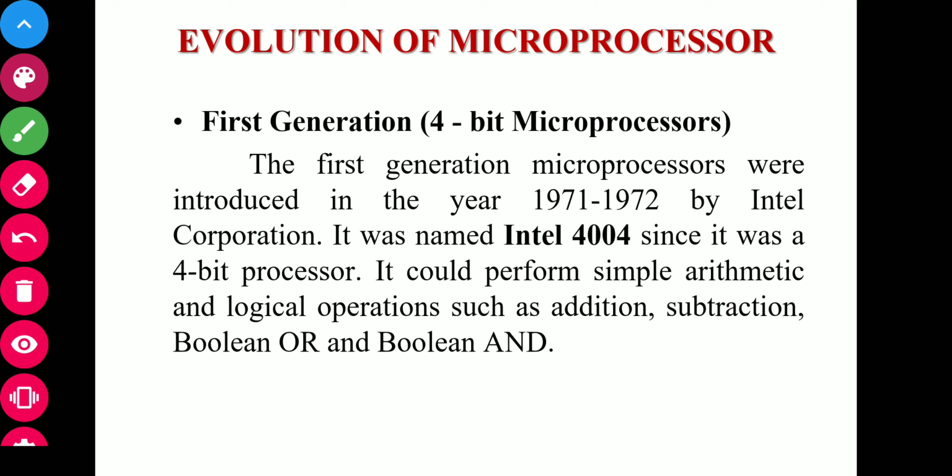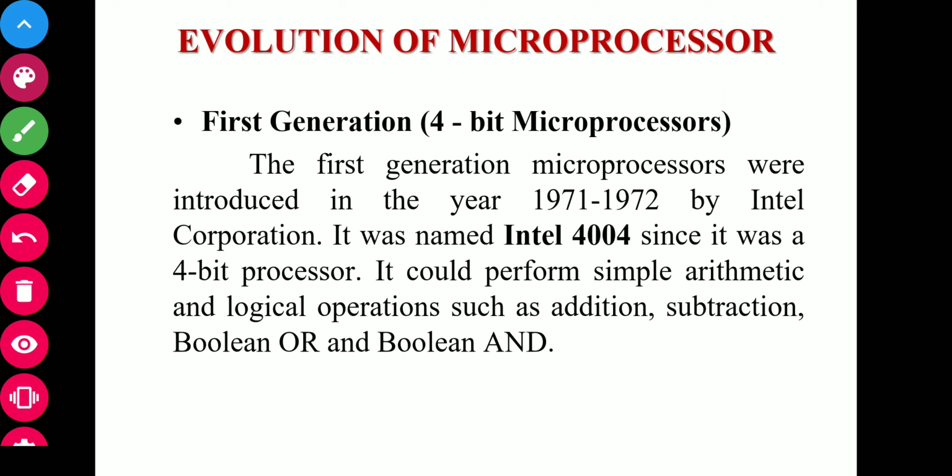Intel, you know already, many laptops use Intel processors, right? It was named Intel 4004 since it was a 4-bit processor, right? So the very first generation microprocessor is a 4-bit microprocessor.